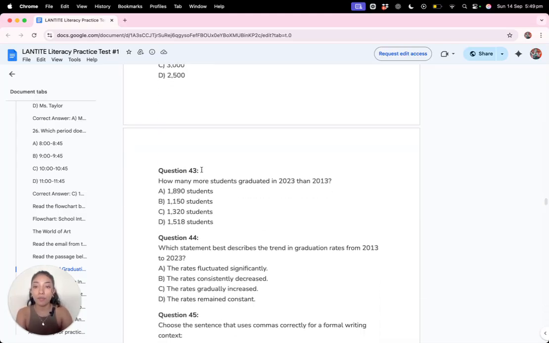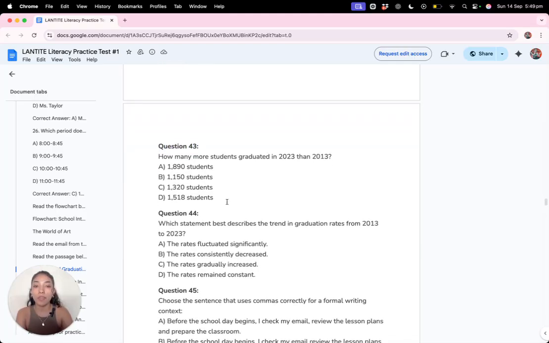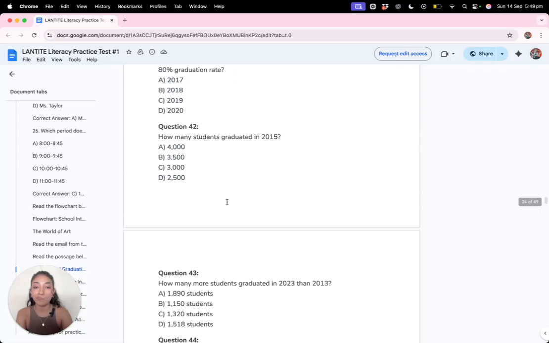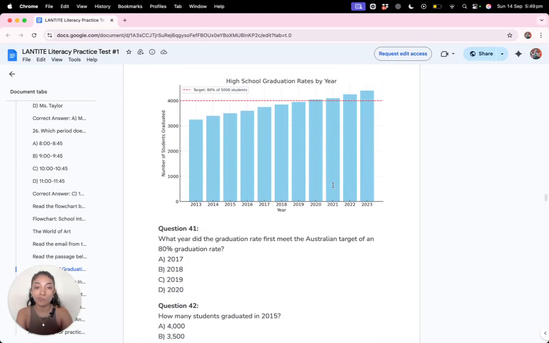Question 43, how many more students graduated in 2023 than 2013? And 2023. So you can see there it was over, and this one's quite significantly under.